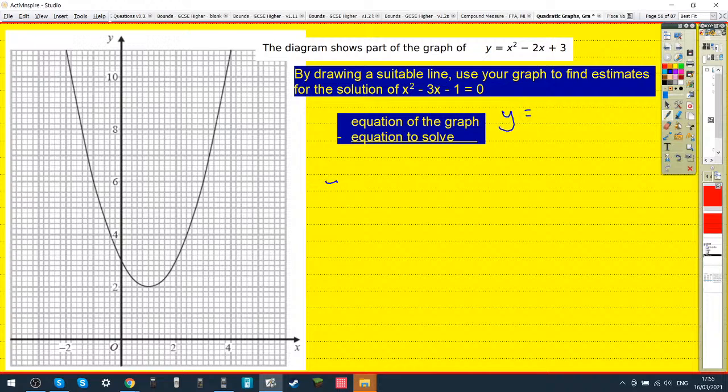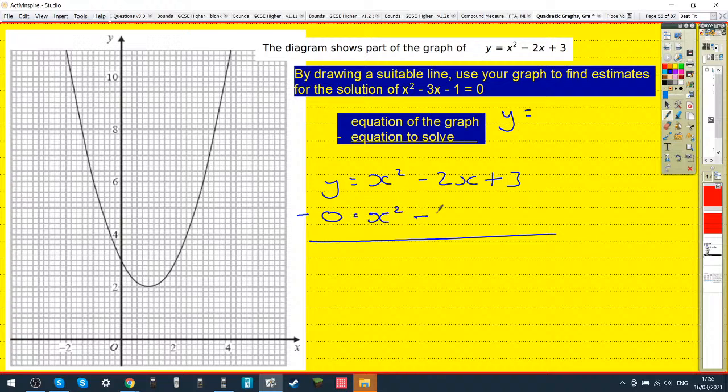Minus 0 equals 1. Oh no. 0 equals x squared minus 3x minus 1.